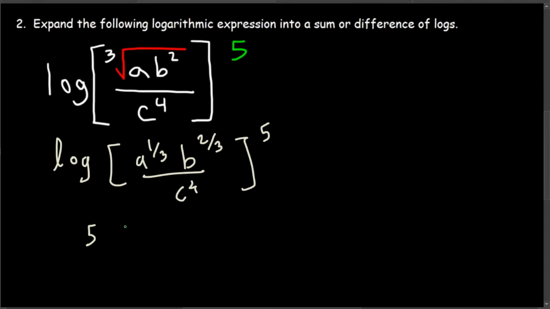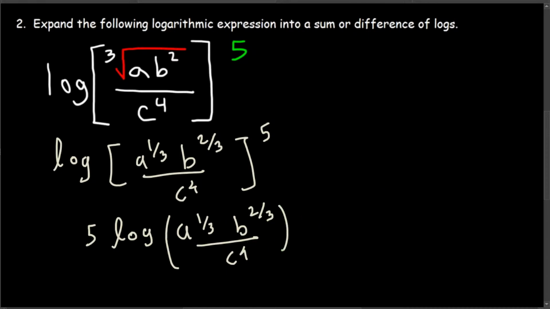So this is going to be 5 log of a power 1 over 3, b power 2 over 3, and then c power 4. Now when we are multiplying, it's equal to adding. When we are dividing, it's equal to subtracting. So let's go ahead and do that now.